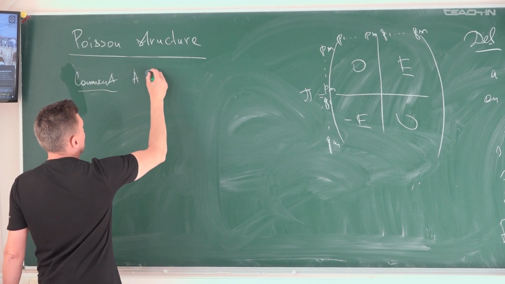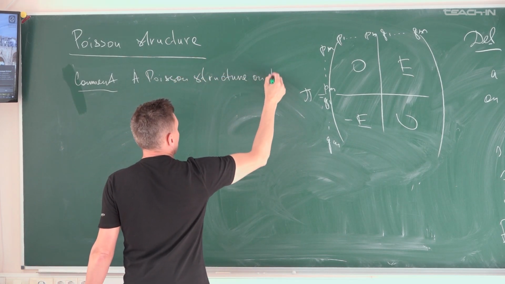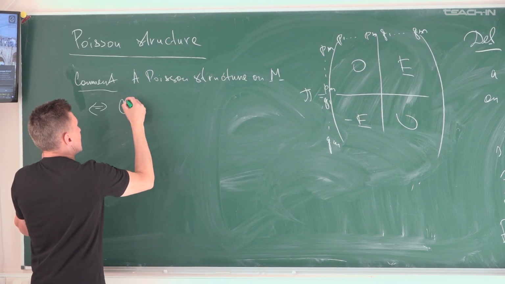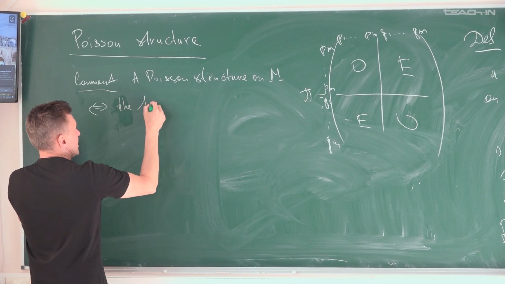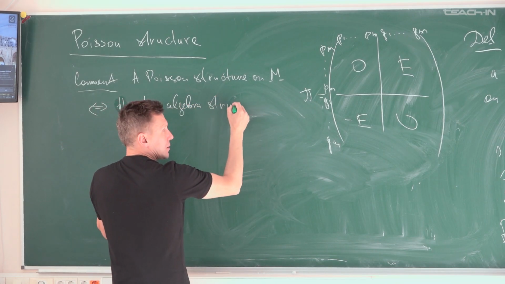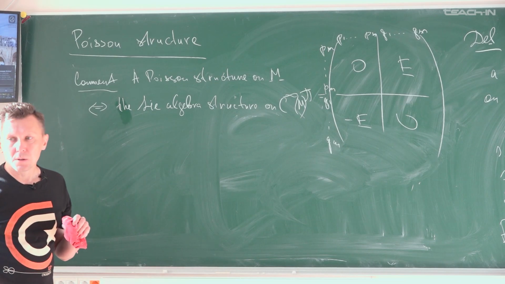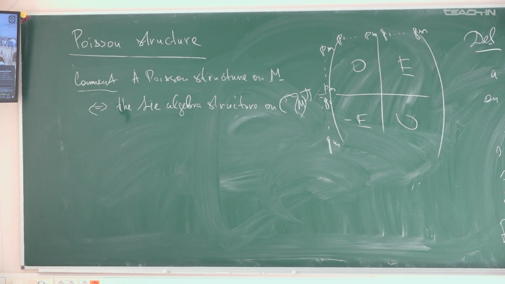A Poisson structure on M is the same as the following structure: a Lie algebra structure on C infinity of M. You see that the Poisson structure defined here is just a way to make the space of functions a Lie algebra.